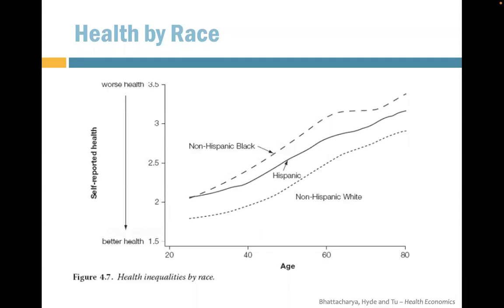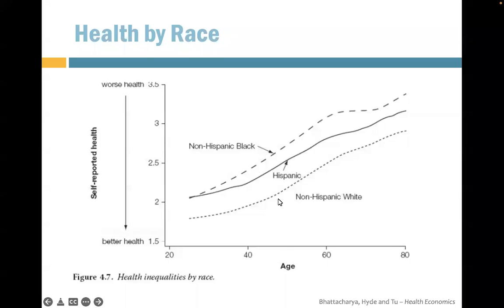This next one is health by race. The y-axis is self-reported health. It's a little bit misleading because worse health is on the top and better health is at the bottom. So if you move up, then health becomes worse.